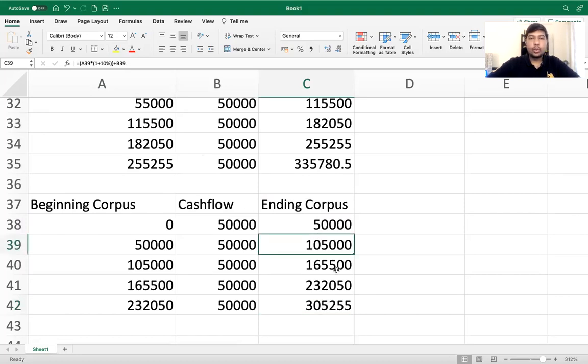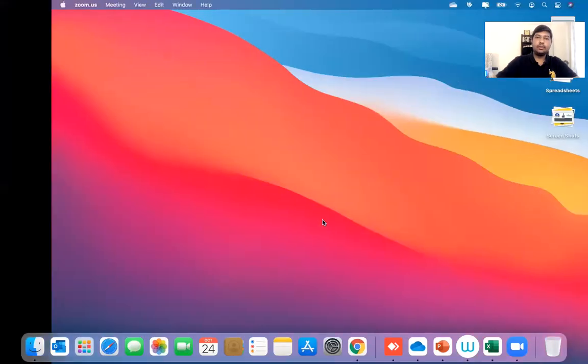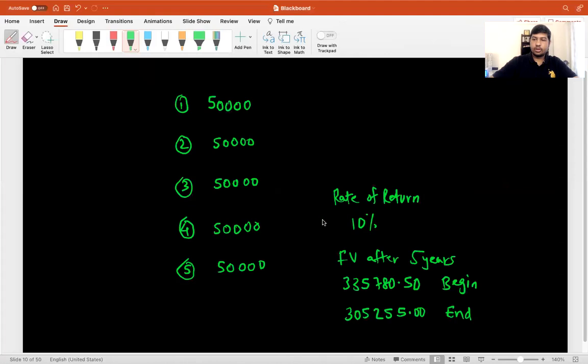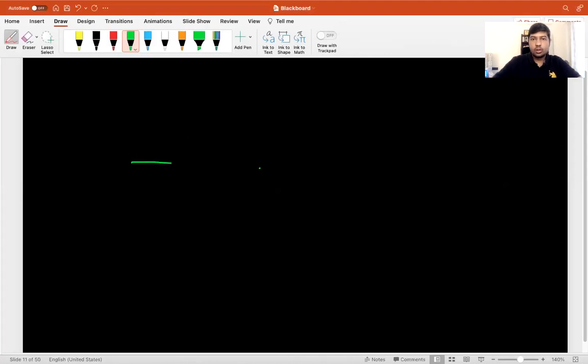Because the reason why you have a different number here is because at the end of 1 year, if I just simply show it on a timeline, so this is 0, this is 1, this is 2, this is 3, this is 4, and this is 5.